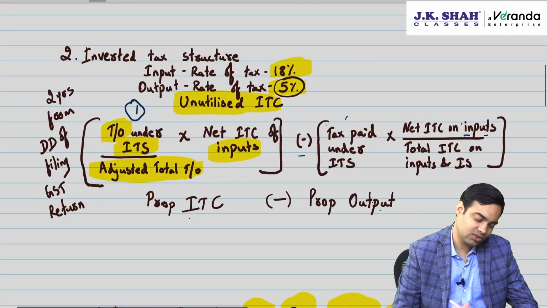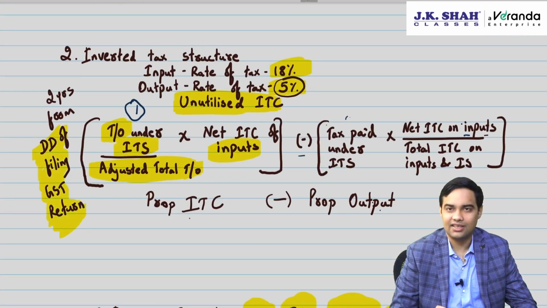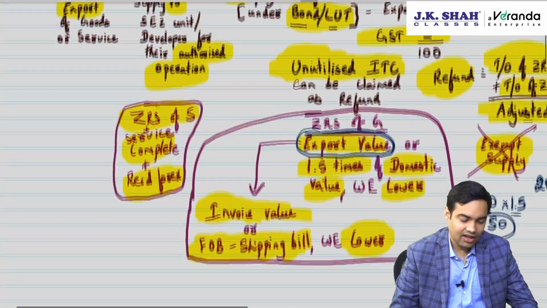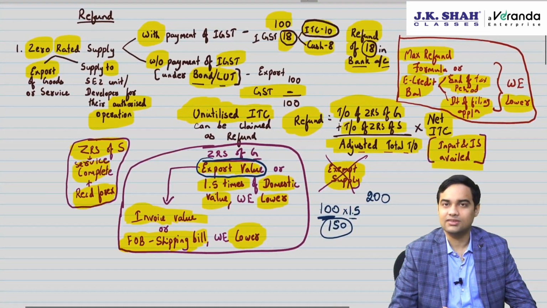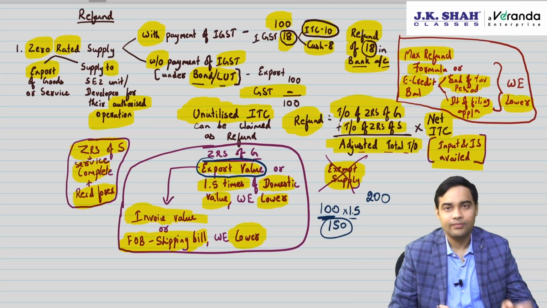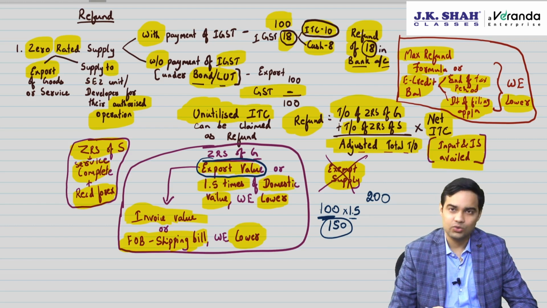Inverted tax structure 2 years from the due date of filing GST return for the tax period for which you are claiming refund. Zero rated supply, there are a lot of cases like say suppose normal you are doing export without payment of GST, unutilized ITC, then due date for filing GST return from there 2 years.